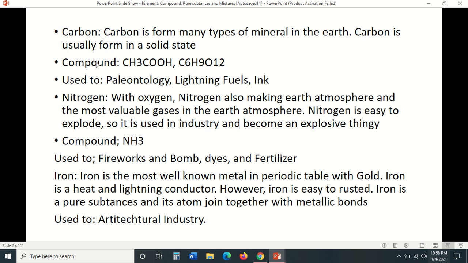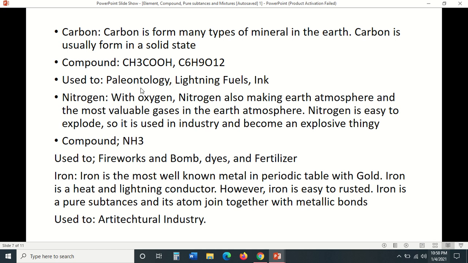Compounds that carbon makes are CH3COOH, or vinegar, and C6H12O6, or carbohydrate, used in paleontology.